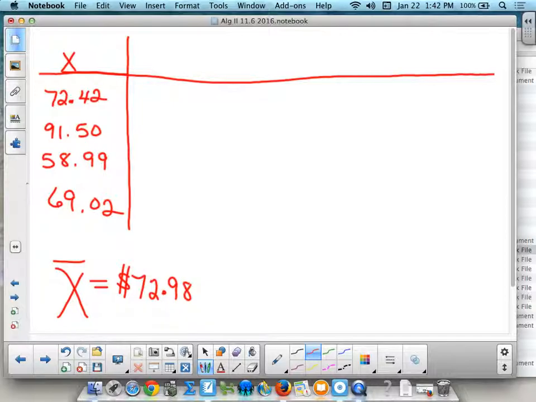Now, the first step is to do what? Take your data, x, and subtract the average. Find the difference between your data and the average.